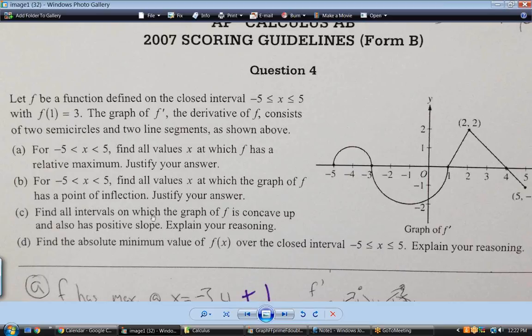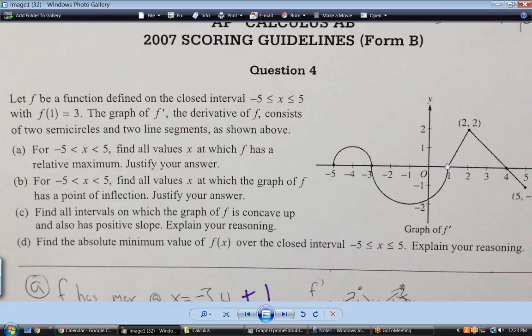So the answer to question C is each of our intervals that are above the x-axis. So it was concave down from here all the way to there, and then it was concave up from here to here, but doesn't have a positive slope there.